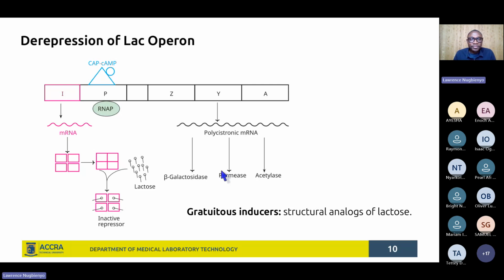Now, we refer to molecules that are used to induce the Lac Operon as gratuitous inducers. Their structure looks very much like lactose, but it's not lactose. So they are structural analogs of the inducer.